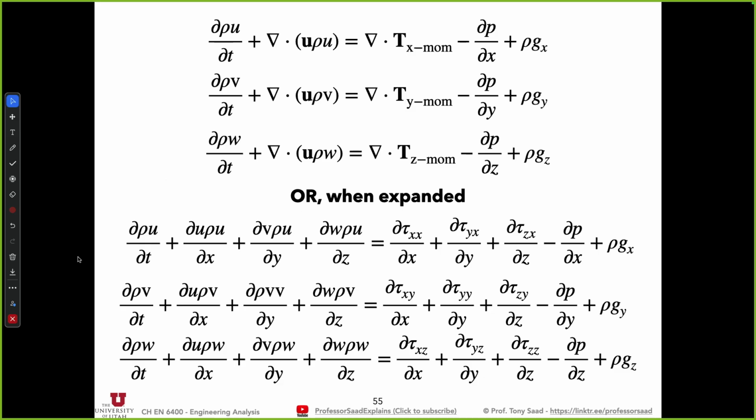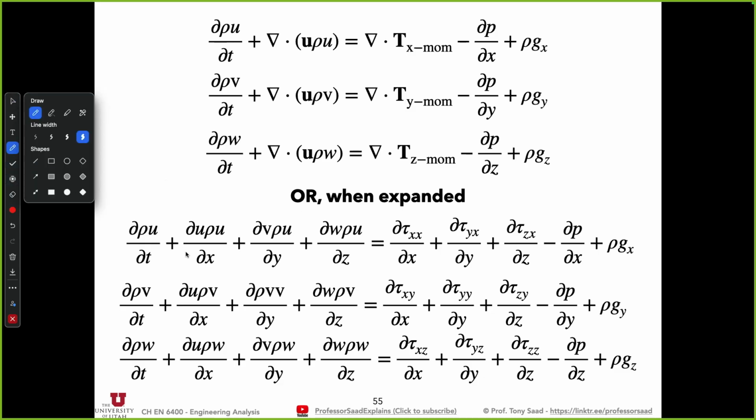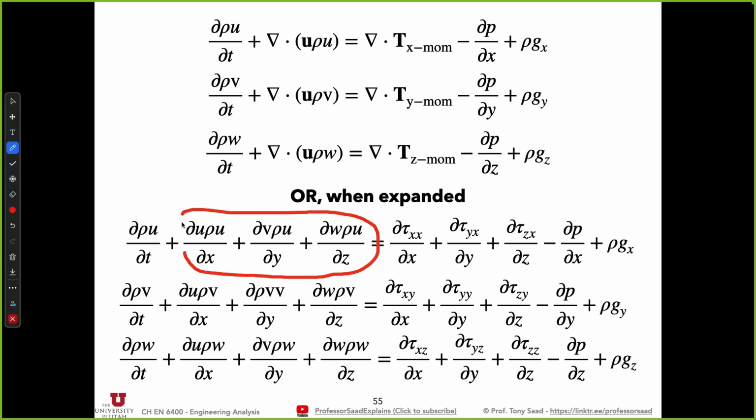d rho u by dt, and this term, for example for x momentum, is div of u rho u, right? d(u rho u) by dx plus d(v rho u) by dy. Keep them in that order, please. Don't change the order, so you know what is advecting and what is being advected. And then this term is super important to distinguish: what is the diffusive flux vector for x momentum.